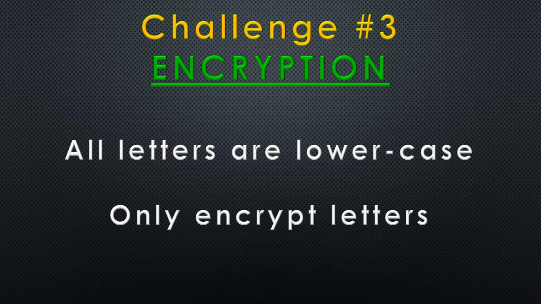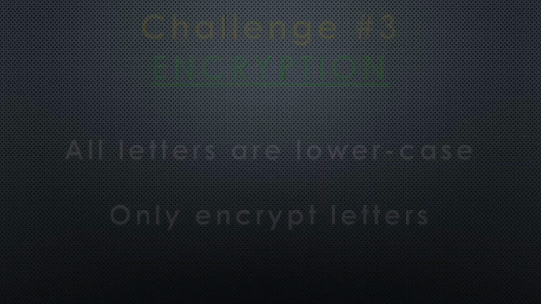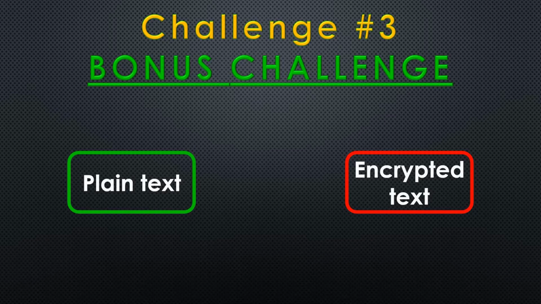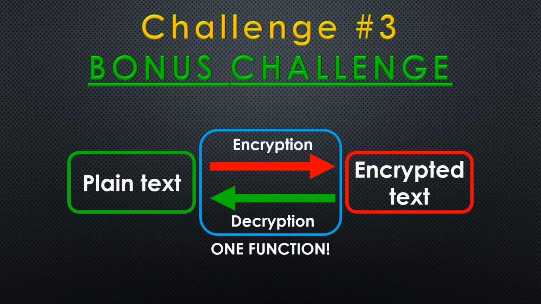In addition, for all of you who would like a more difficult challenge, here is a slight variation. Write a function which can be used for both encryption and decryption. In other words, you can take plain text and encrypt it, but also take encrypted text and return it to its original state.